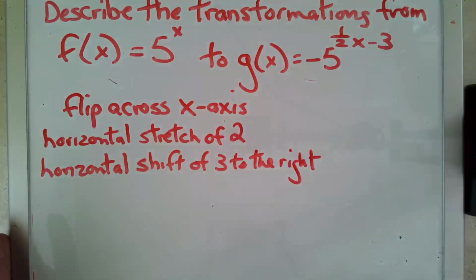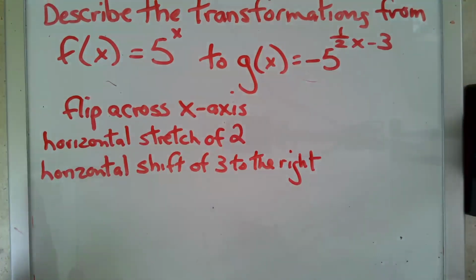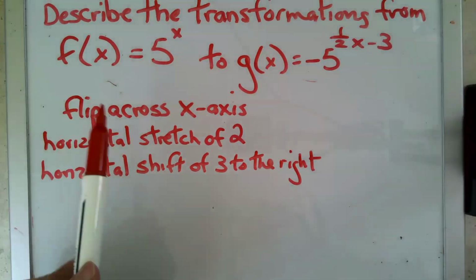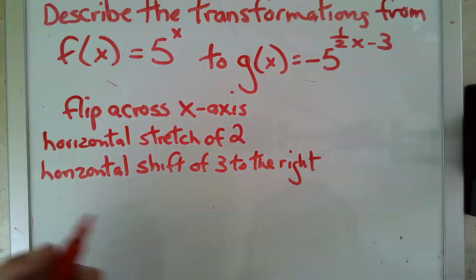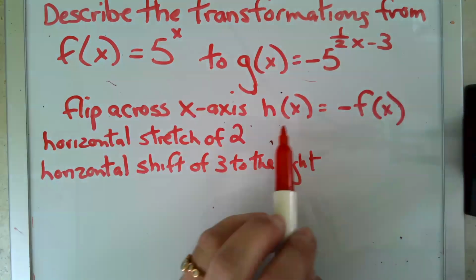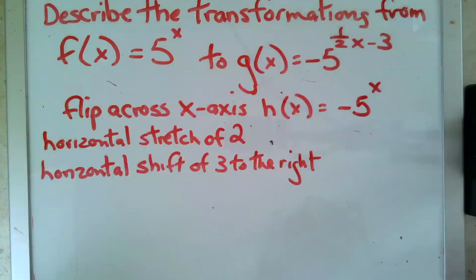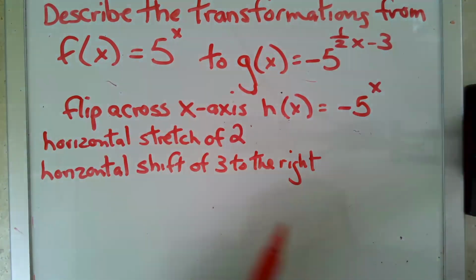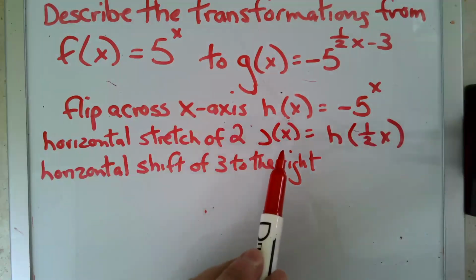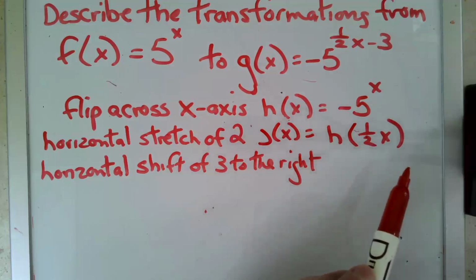So now let's take a look equation-wise of how to make these happen and make sure that in this order, this is correct. So a flip across the x-axis means our new h of x is negative f of x. So that means -5 to the x. A horizontal stretch of 2 means our new j of x is h of 1/2 x.